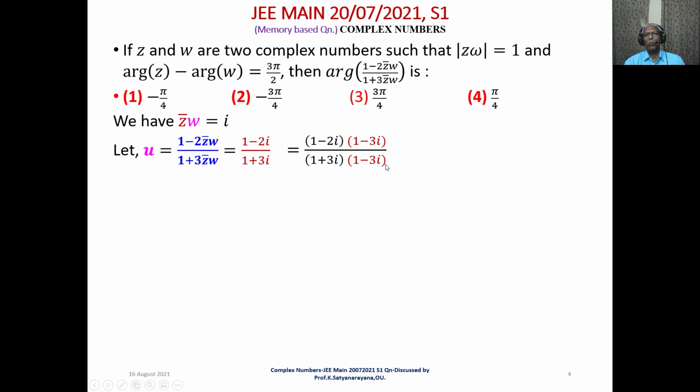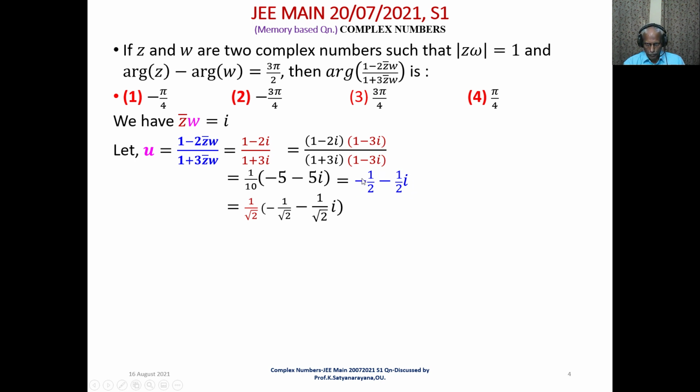So that will be 1 by 10 into the product (1 minus 2i) into (1 minus 3i), which is minus 5 minus 5i. So that is equal to minus 5 by 10 minus 5 by 10 i, that is minus 1 by 2 minus 1 by 2 i. This is written as 1 by root 2 into (minus 1 by root 2 minus 1 by root 2 i).